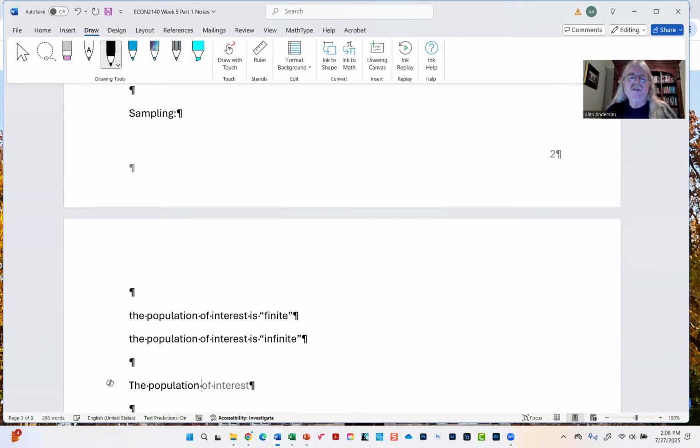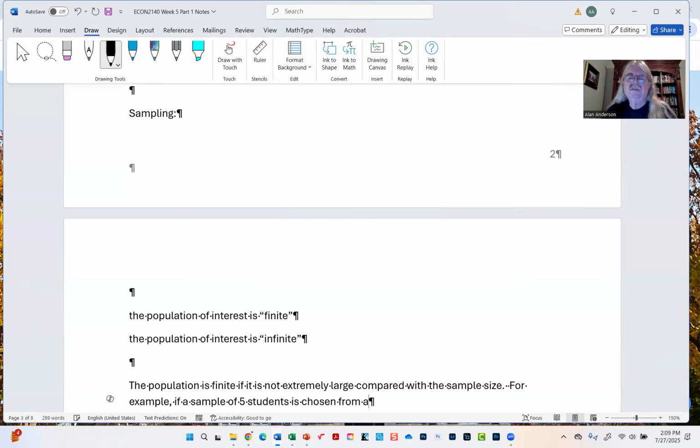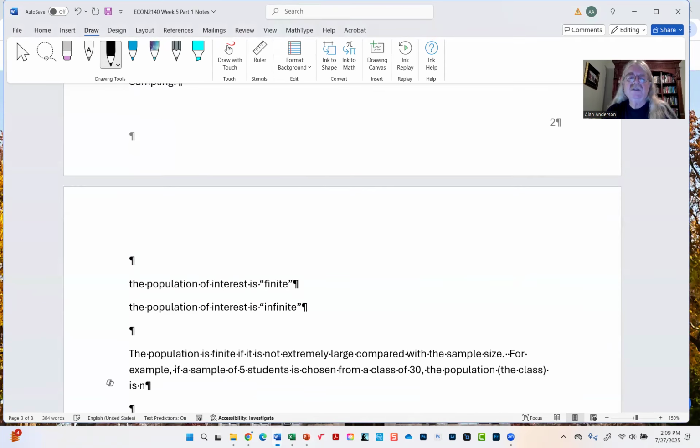The population is finite if it is not extremely large compared with the sample size. So, for example, if a sample of 5 students is chosen from a class of 30, the population, the class, is only 6 times larger than the sample.